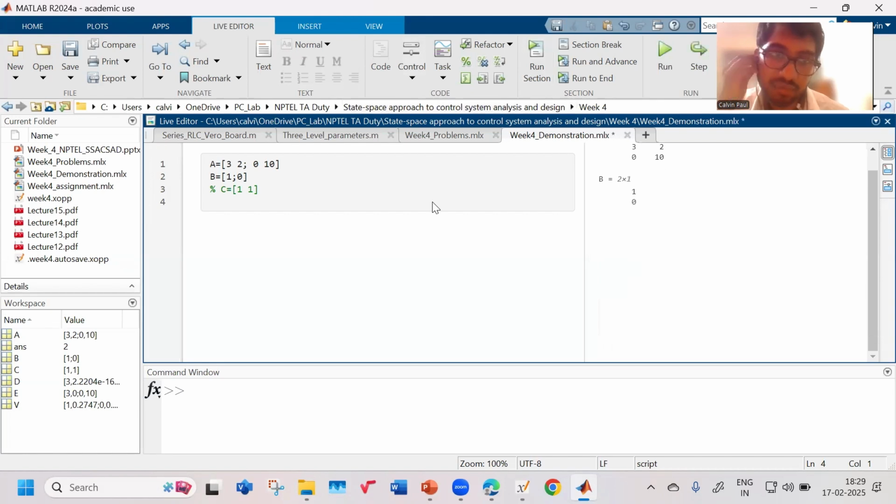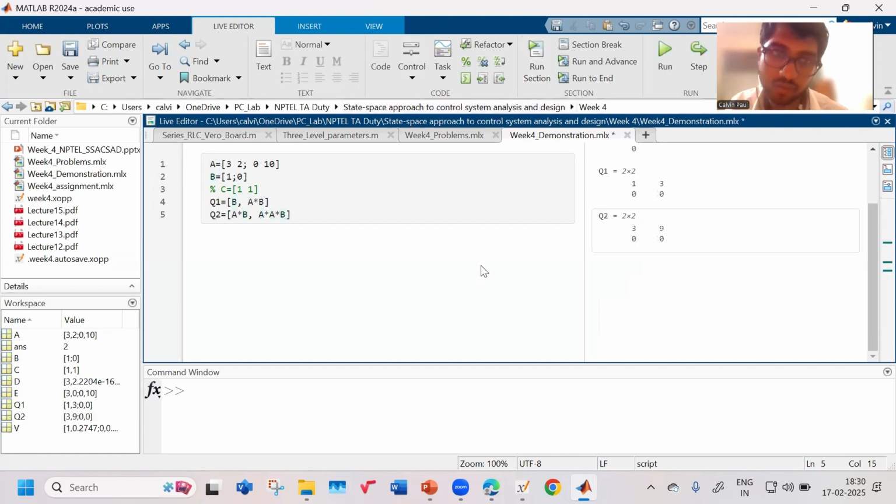I've defined my A and B matrices, and let me say my Q1 matrix is given by B and A into B, and my Q2 matrix is given by A into B. Let me run it, and I've got this.